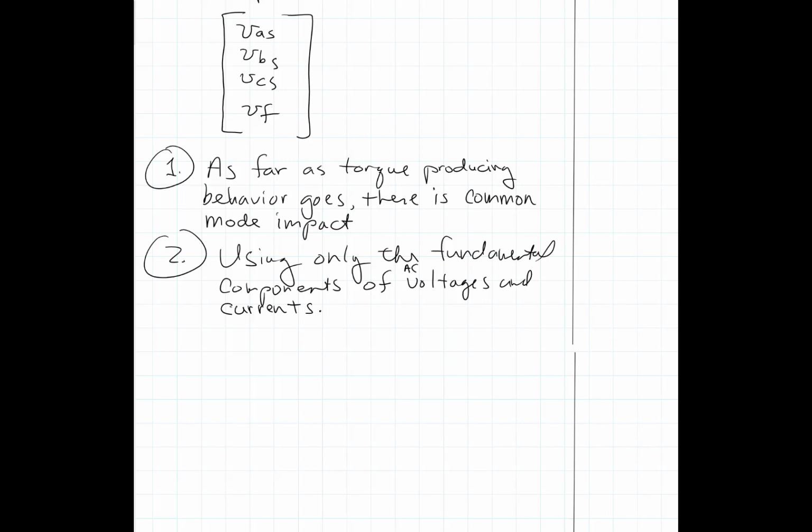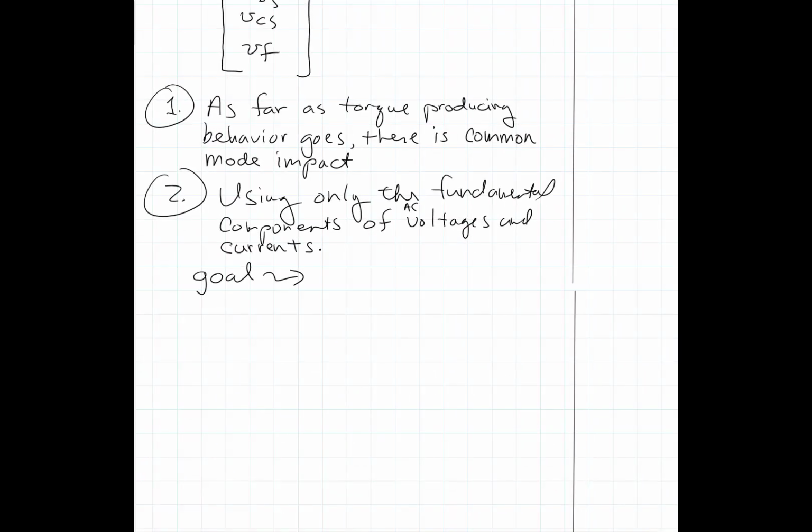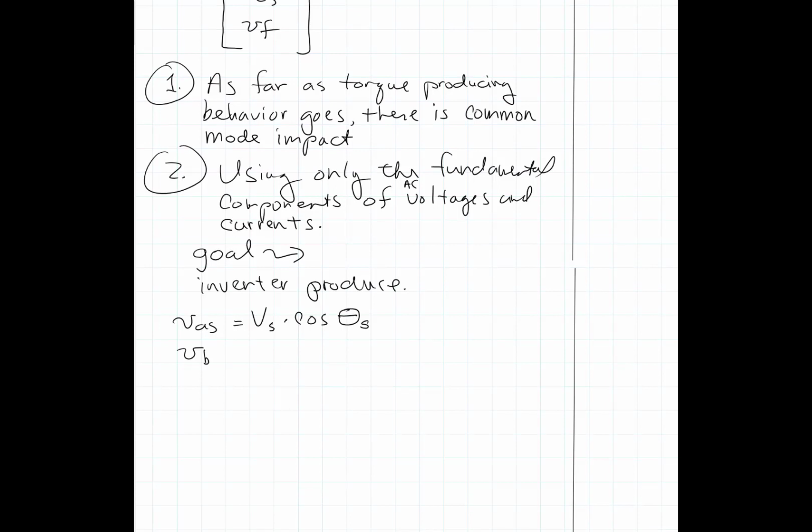So basically our goal was to have the inverter produce VAS equals VS, that's the peak phase voltage, cosine theta S, now that we're producing synchronous frequency with our inverter. VBS is VS cosine of theta S minus 2 pi thirds.